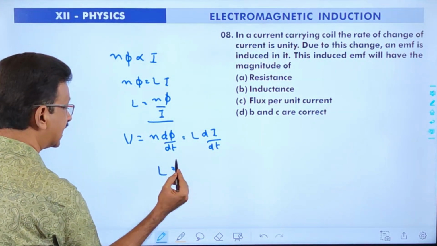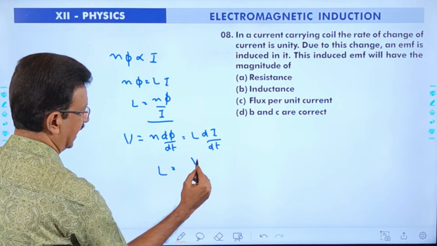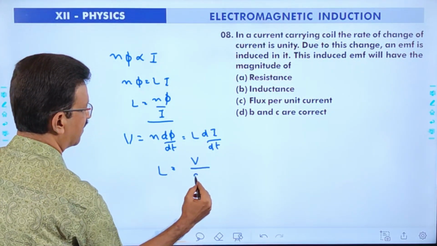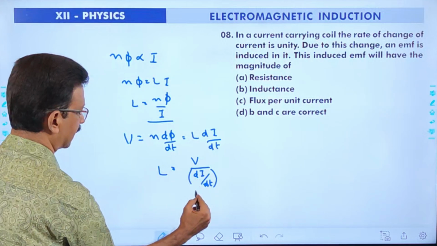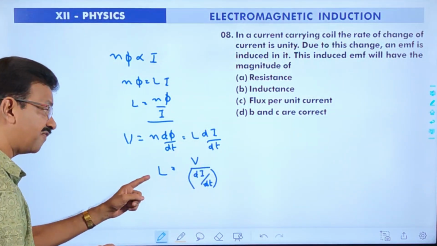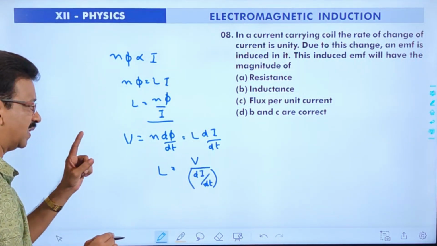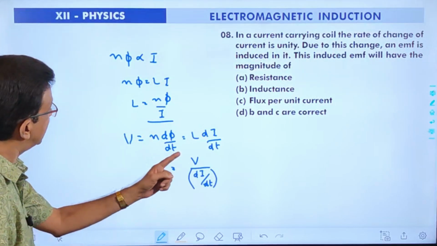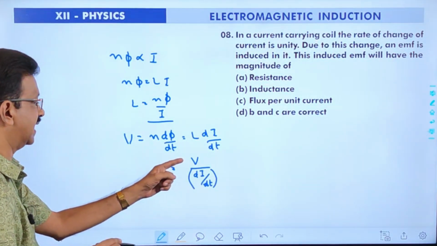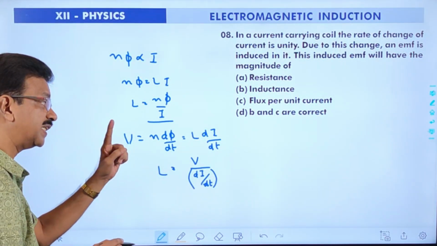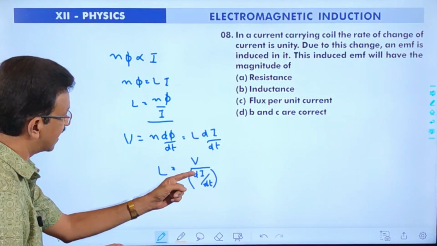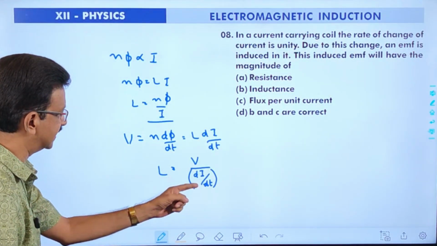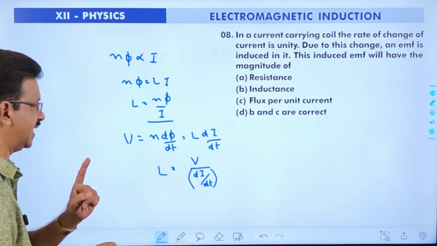Therefore, another expression for self-inductance is induced EMF divided by di by dt. That is, self-inductance or coefficient of self-induction is the EMF induced in a circuit because of the flux change caused by the current in the same circuit when the rate of change of current in the same circuit is unity.